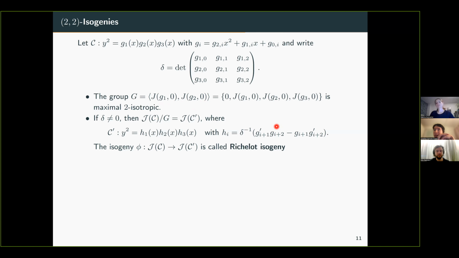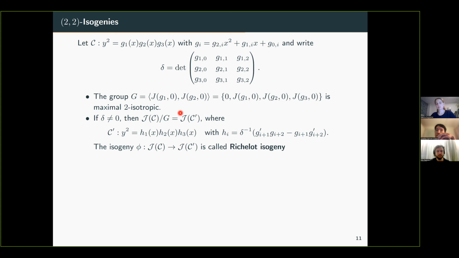And now what the formulas of Richelot say is that if delta is non-zero, where delta is defined as here, so it's the determinant of some matrix that has the coefficients of the polynomials gi as the entries, then we end up in the Jacobian of another hyperelliptic curve.